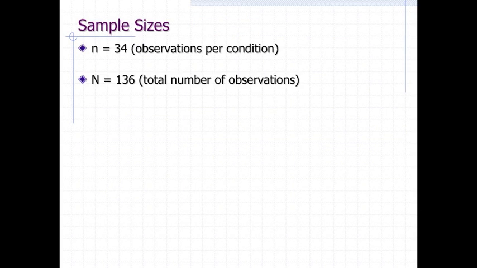The first calculations in this section all assume that there is an equal number of observations in each group. We will refer to the number of observations in each group as lowercase n and the total number of observations as uppercase N. For these data, there are 4 groups of 34 observations. Therefore, lowercase n equals 34 and uppercase N equals 136.